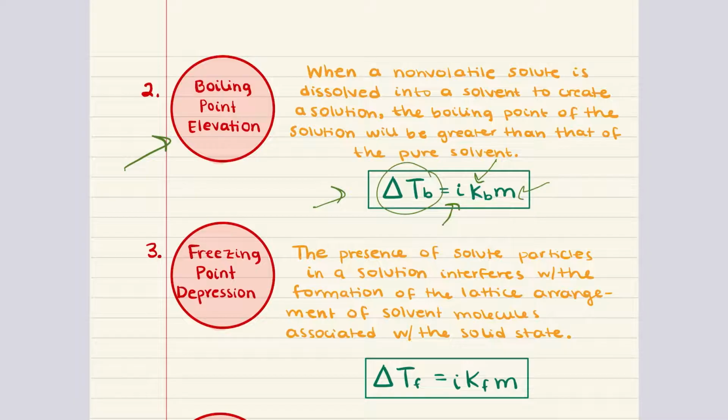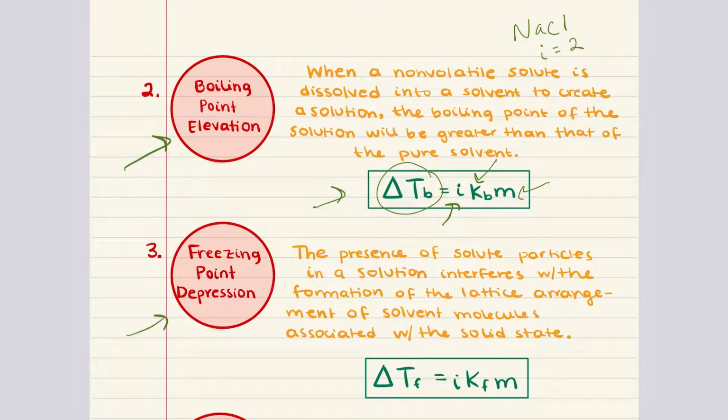Now, the Van't Hoff factor, this i, corresponds to the number of particles into which a compound dissociates in solution. So, for example, for sodium chloride, NaCl, the i would be equal to 2 because each formula unit of sodium chloride dissociates into 2 particles, a sodium ion and a chloride ion when it dissolves. So that's boiling point elevation.